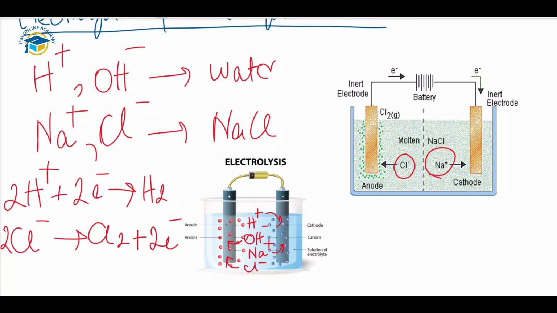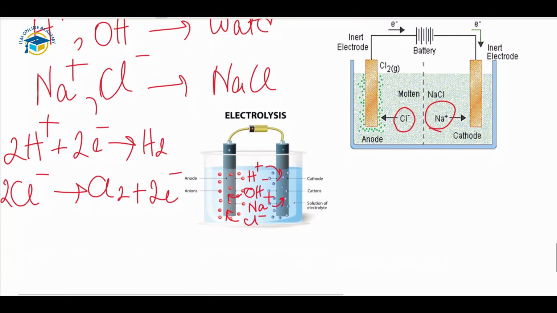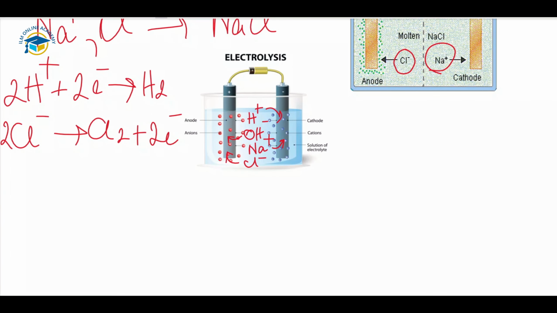So this is how at the cathode hydrogen ions accept the electrons, and at the anode we have chloride ions. This is the electrolysis of the concentrated solution of sodium chloride. We have the half equations, and now I will show you the overall equation.